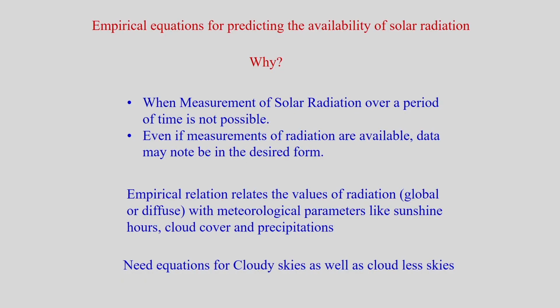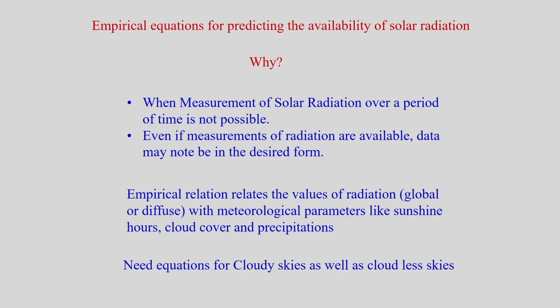And sometimes what happens, even though we have solar radiation data, we cannot take it straightway because our requirement will be something else. For example, suppose we get data from some sources and that is maybe daily variation of global radiation, but I need hourly variation of global radiation. So, for that we need to do something.